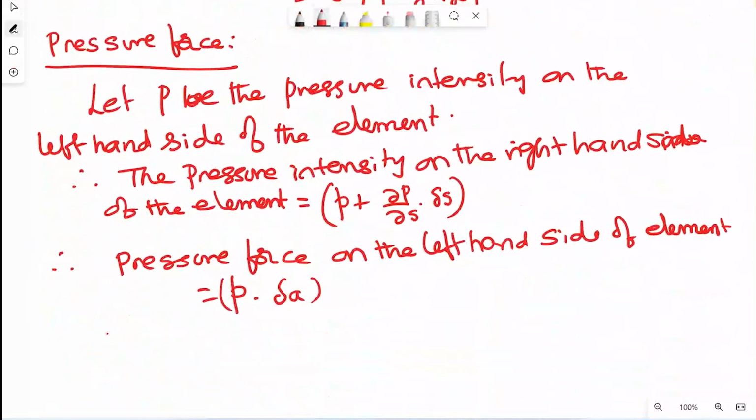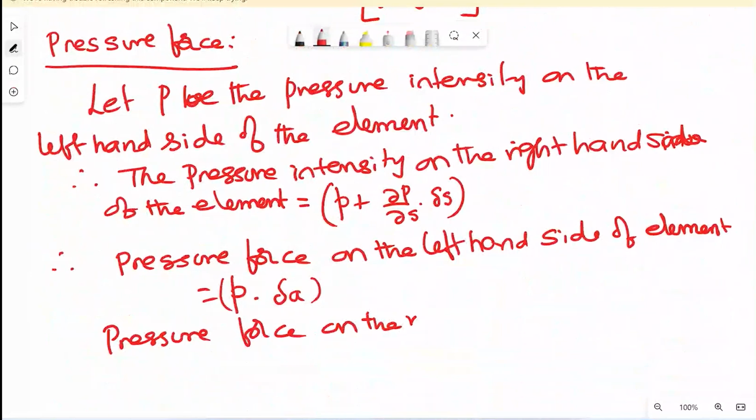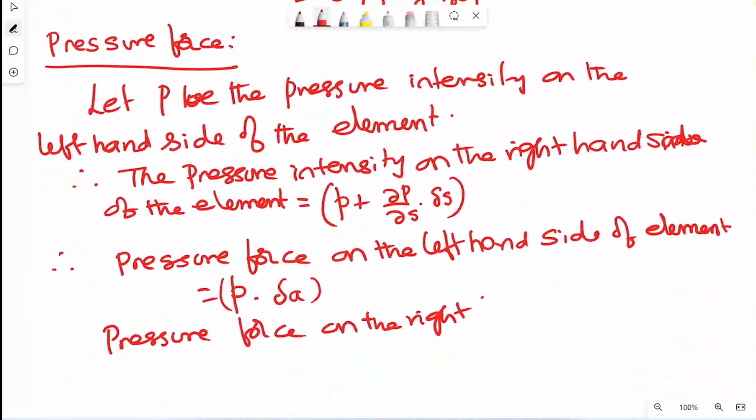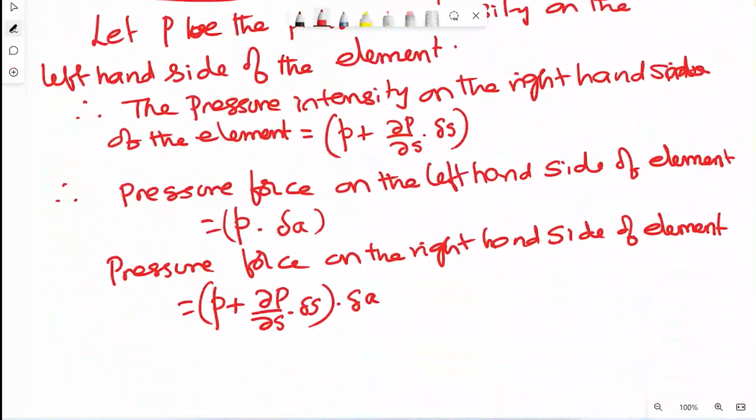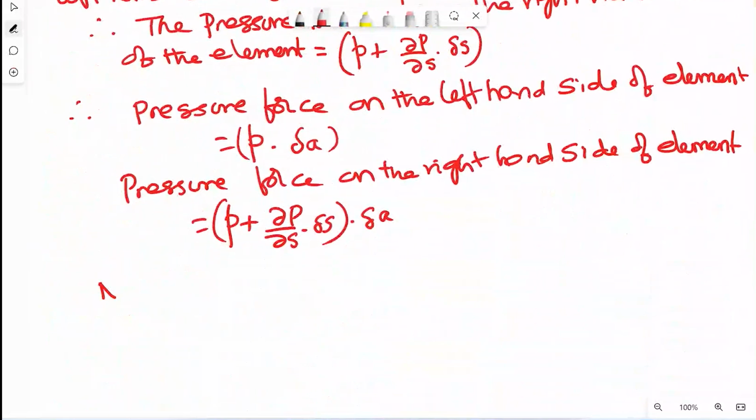Similarly, the pressure force on the right hand side of the element is equal to P plus dou P by dou S into delta S, this is the pressure intensity, into delta A. So what is the net pressure force?